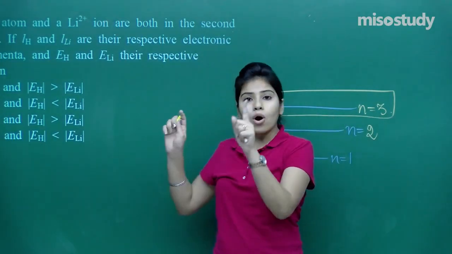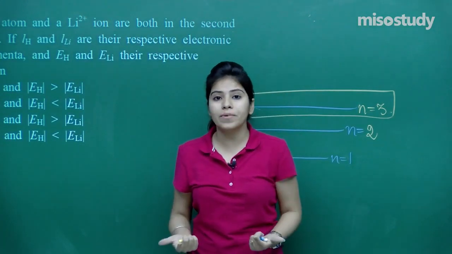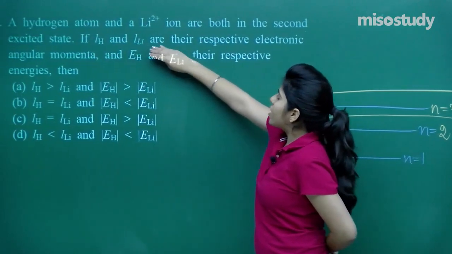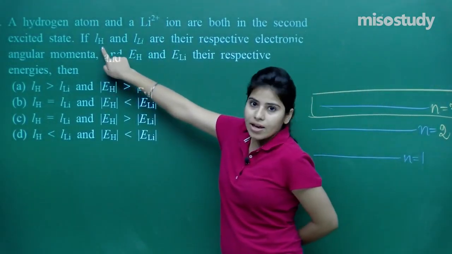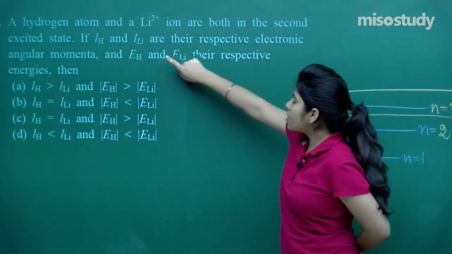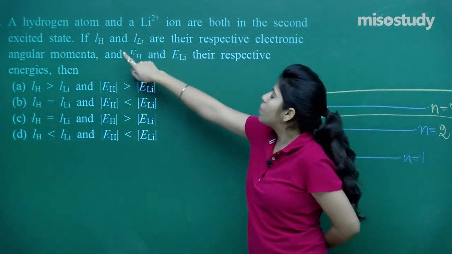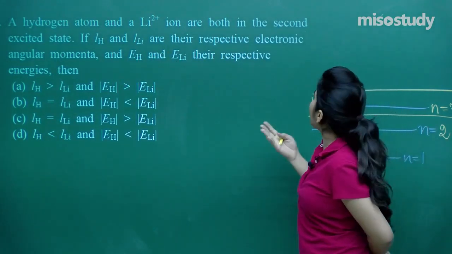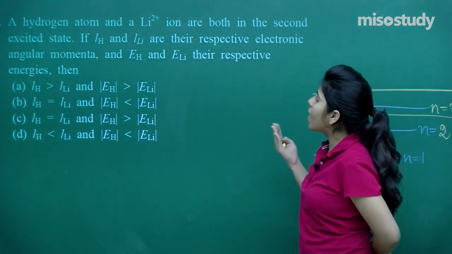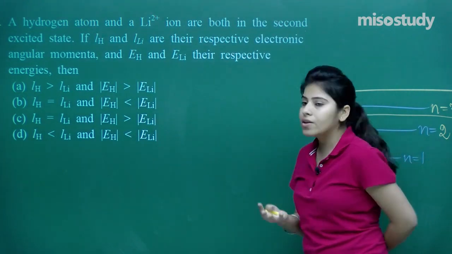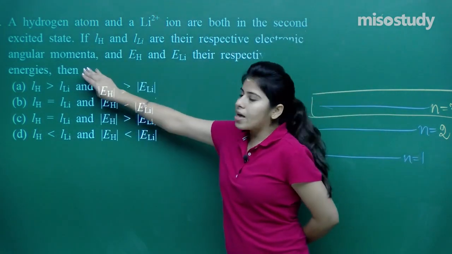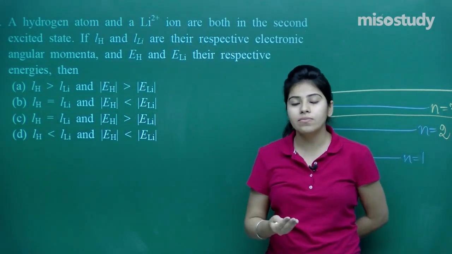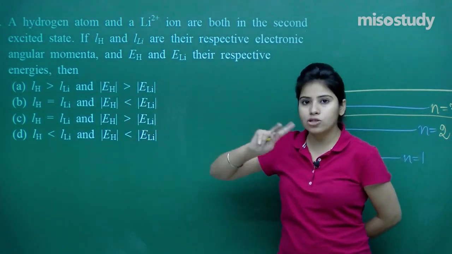So from this line we get to know the value of n. Now LH and LLi, that means angular momentum has been given for hydrogen and lithium, respectively the electronic angular momenta, and EH and ELi their respective energies. These both are the angular momenta and these both are the energies, and we have to tell the relation between these two.